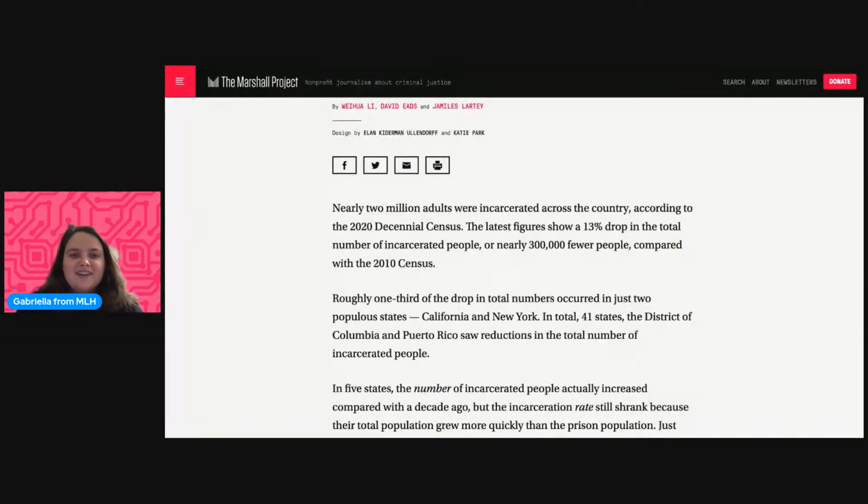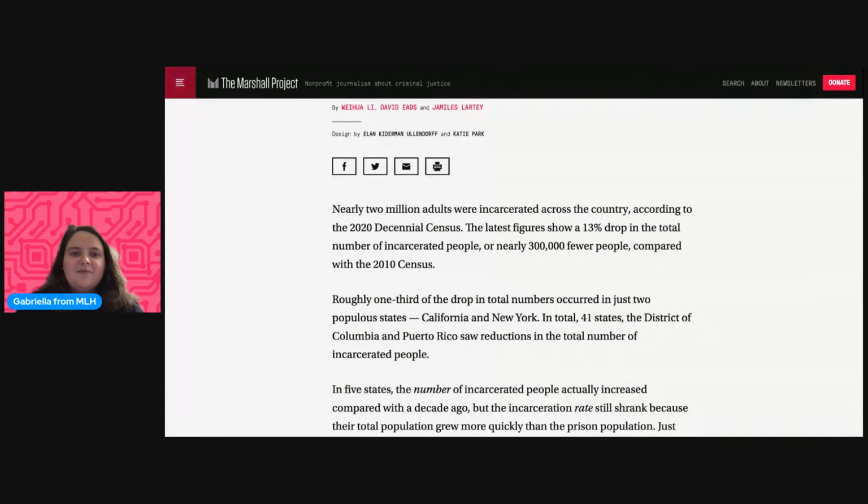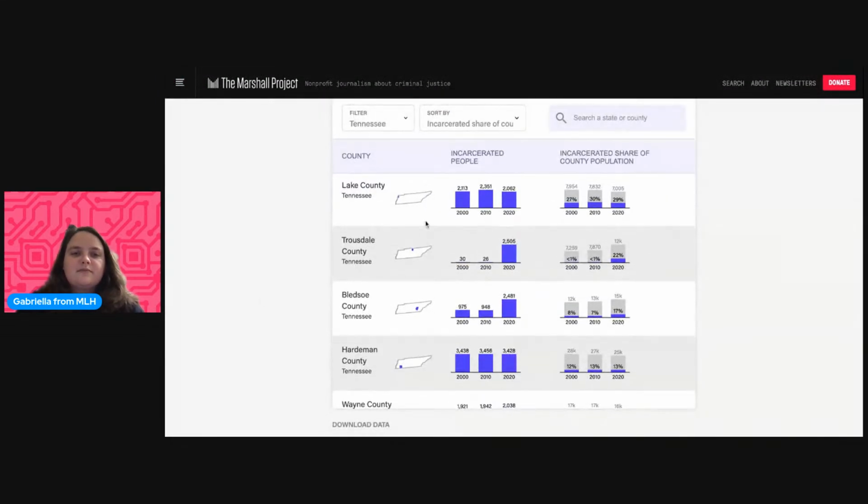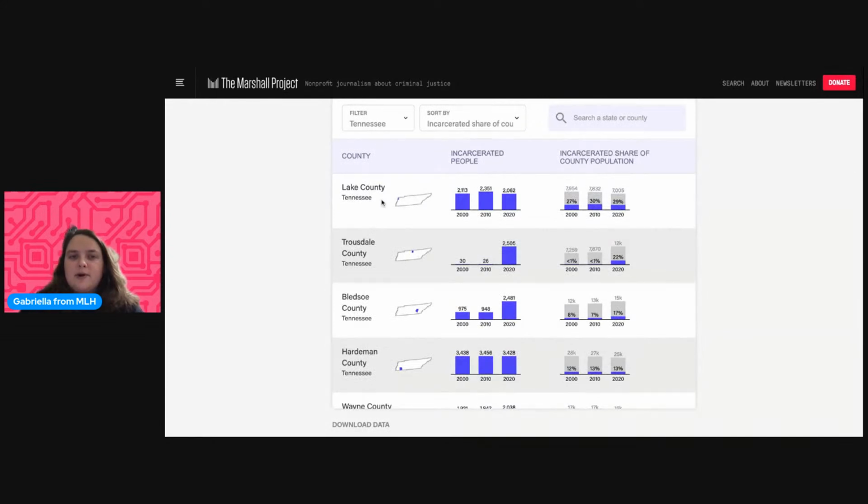Here is the filter again. As I was talking about, they have it by both state and county. There's the graph on the right, as well as the specific geographic location. Here's how you can filter it.